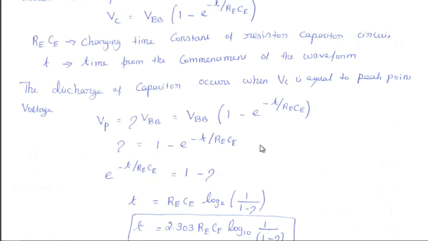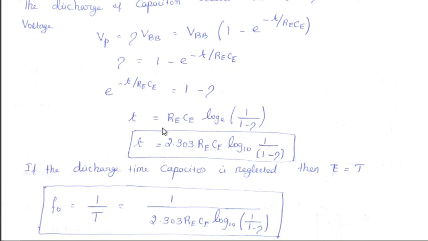From this equation we cancel VBB. Then we have eta equal to 1 minus e power minus t divided by RE into CE. From this equation we calculate T equal to RE into CE log base e of 1 divided by 1 minus eta.